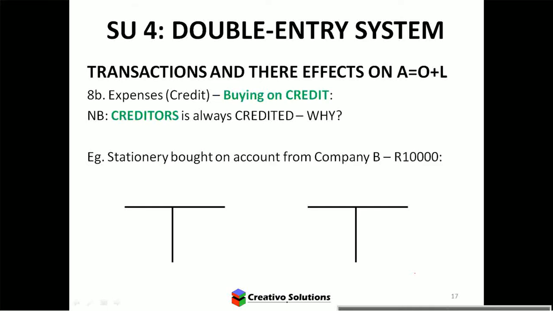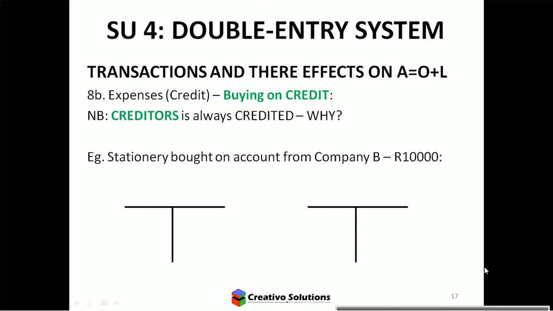Okay, what happens here? Buying on credit. Stationery bought on account. Stationery is a consumable. Is it a consumable?